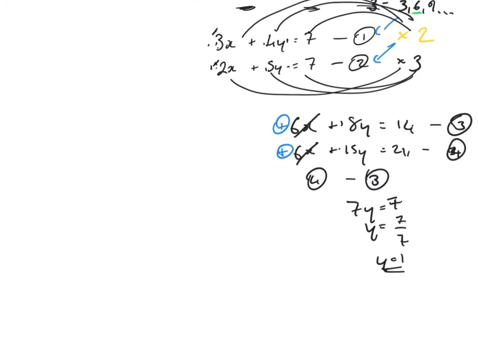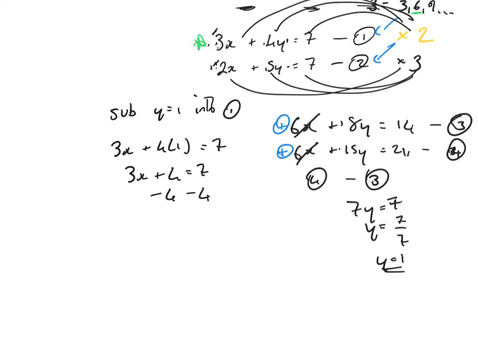It doesn't matter which one I use, so I'm going to go for equation 1 up here. So 3x plus 4 lots of 1 equals 7. 3x plus 4 equals 7. 4 off of both sides, and 3x will be equal to 3. Bring the 3 down and divide. x equals 3 over 3, and x is equal to 1. Final answer, x equals 1, y equals 1.